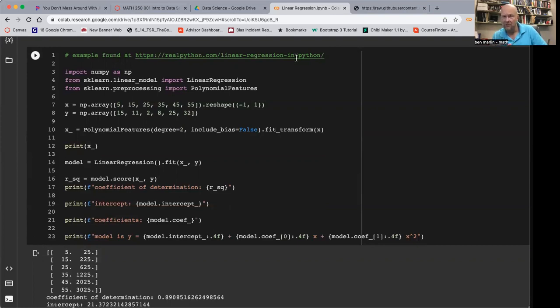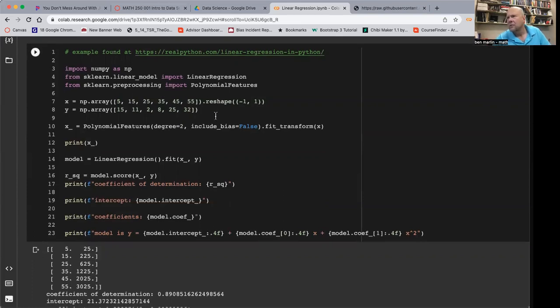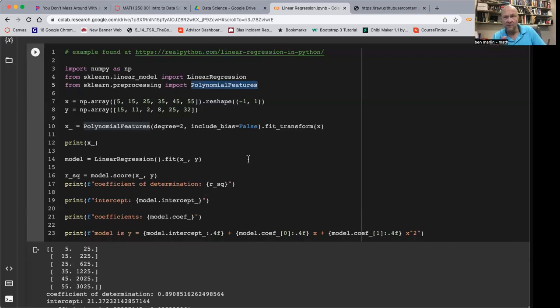They have a much better explanation than the super short get-it-done thing I'm telling you. But anyhow, this example here has, in addition to the linear model stuff, the pre-processing setup of polynomial features. So it's just got a little extra thing on it.